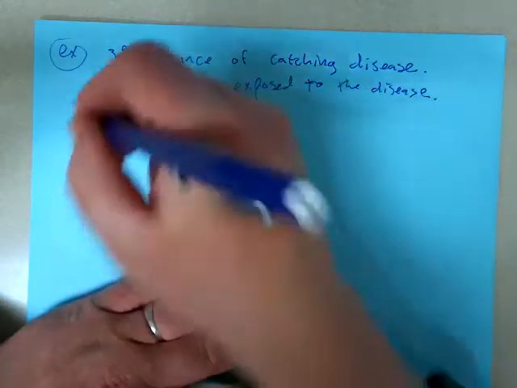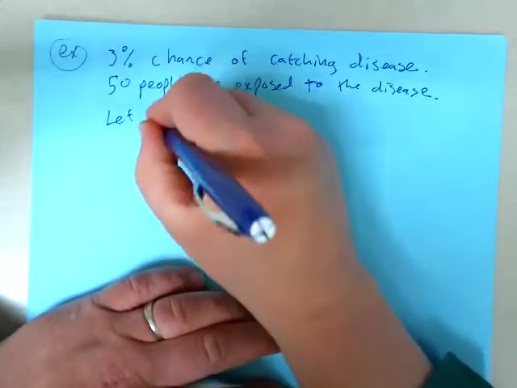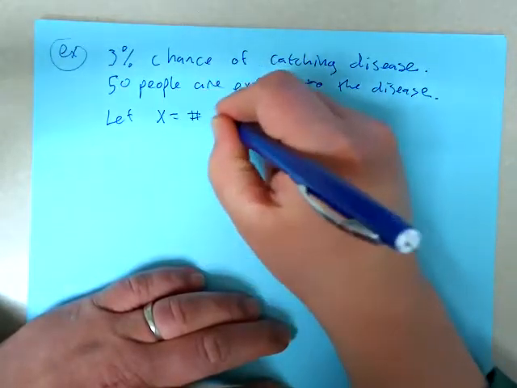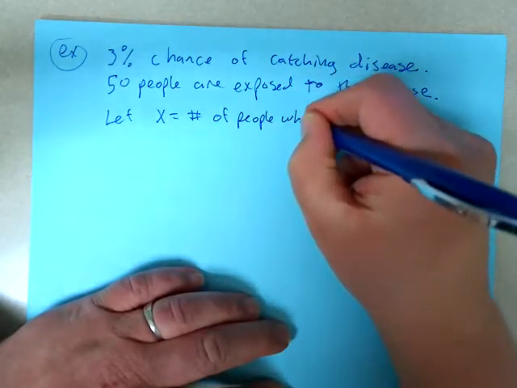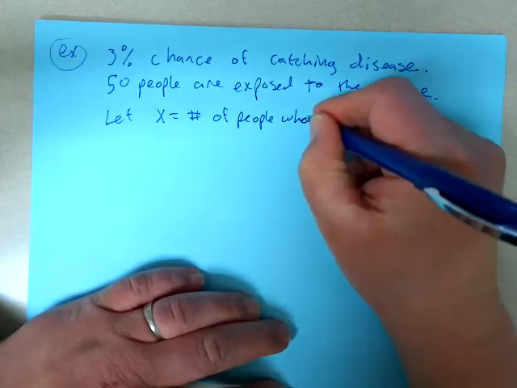Okay, and then we're going to let x equal the number of people who catch the disease.